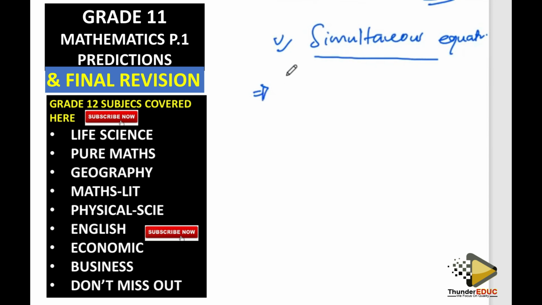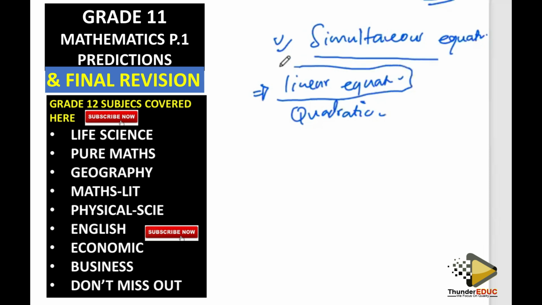And in this case, we shall have what we call a linear equation, and then we also have what we call a quadratic one. So the advice is start with the linear. Make something the subject, either make X the subject or make Y the subject, depending on which one is easier to deal with. Then whatever you made the subject, just substitute it into the second quadratic equation and then solve.